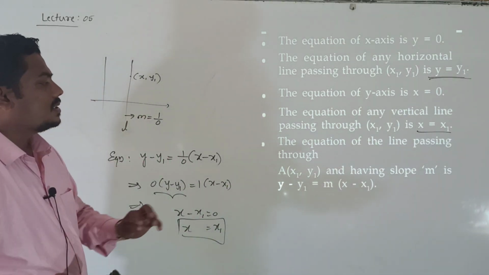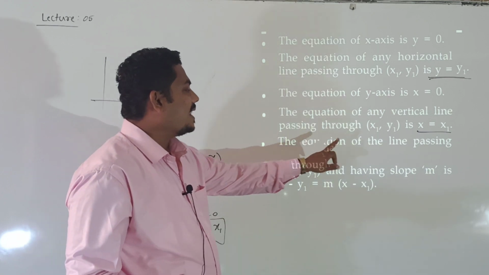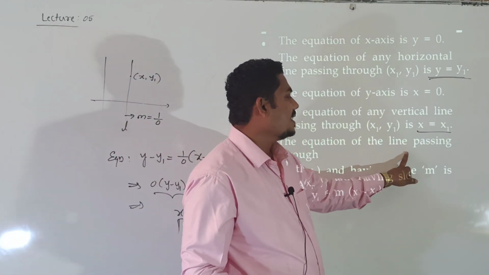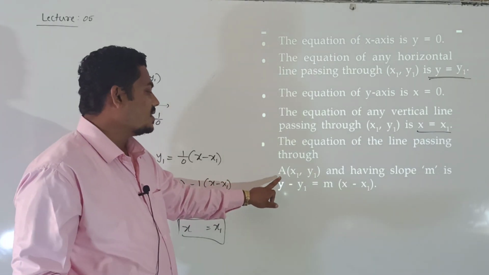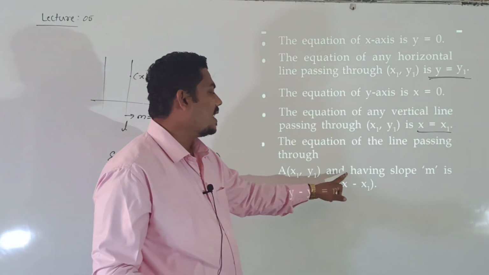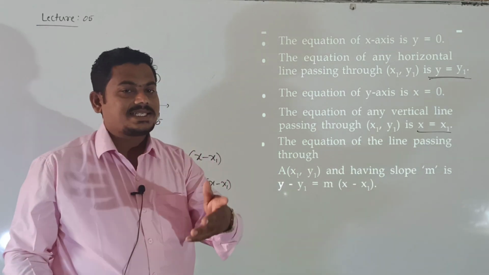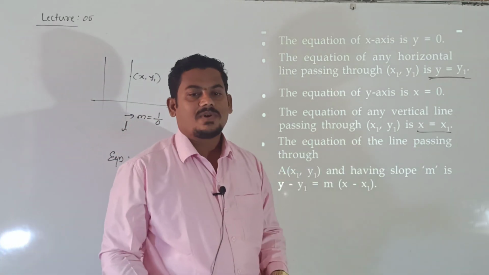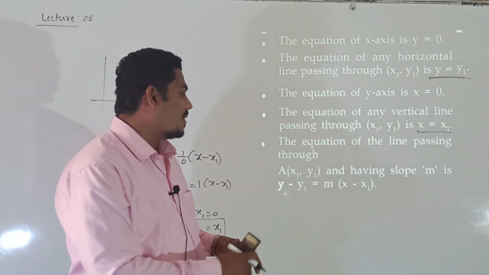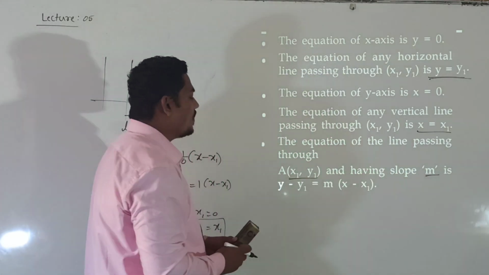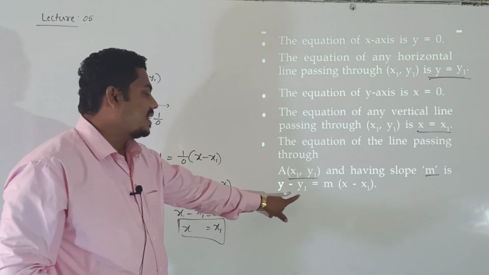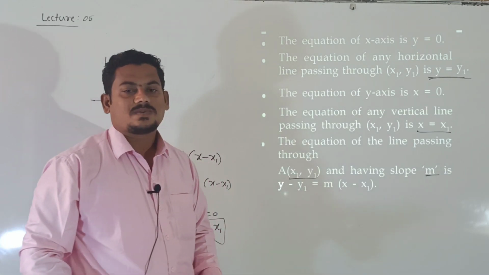Next, the equation of the line passing through one point (x1, y1) having slope m. Just the slope and point formula, already you know this formula. By using the slope-point formula it will be y minus y1 is equal to m into x minus x1.